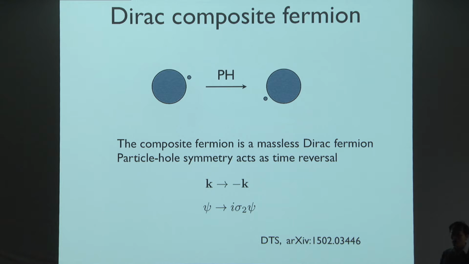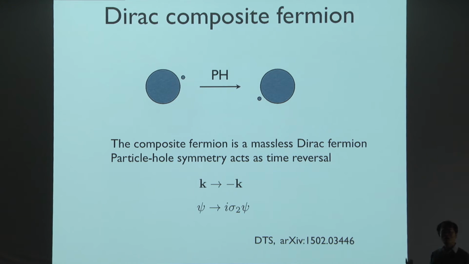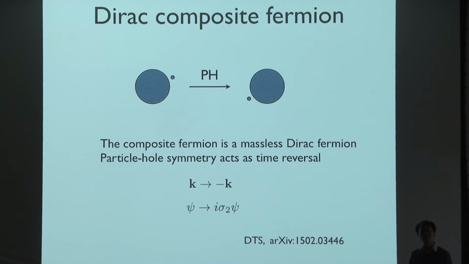So whether a symmetry does or does not act as time reversal is independent of which variables we use. In the previous definition, the particle-hole symmetry is an antilinear operation that maps nu to 1 minus nu and t to minus t. Time reverses sign under the particle-hole conjugation.